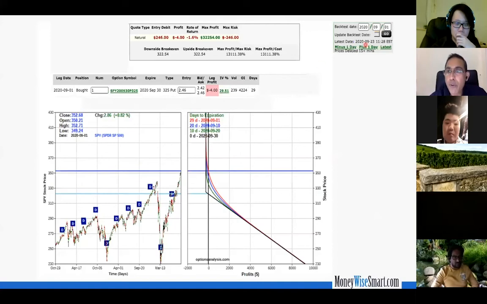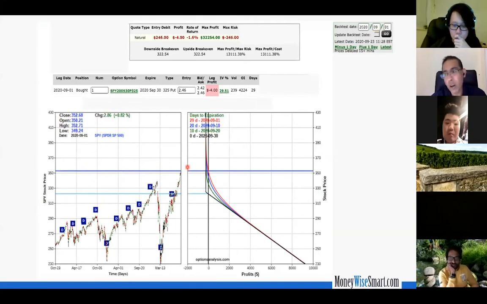So on 1st of September, when the markets were at all-time high, this is the stock chart of SPY, which is the ETF representing the S&P 500. So it's at all-time high or close to all-time high, 352.68. So on this day, I think that the market has raced up too much.